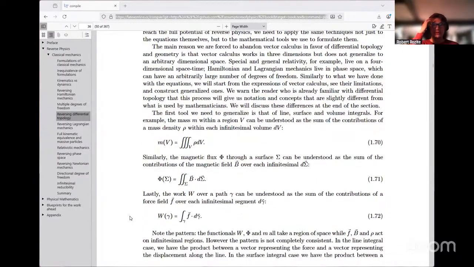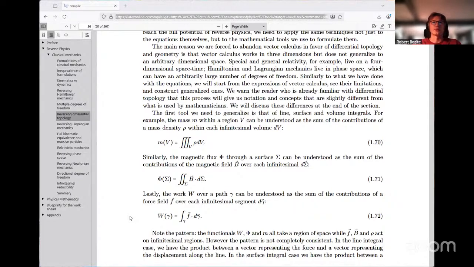The main reason we are forced to abandon vector calculus in favor of differential topology and geometry is that vector calculus works in 3 dimensions, but does not generalize to an arbitrary dimensional space. Special and general relativity, for example, live on a 4-dimensional spacetime. Hamiltonian and Lagrangian mechanics live in phase space, which can have an arbitrarily large number of degrees of freedom.